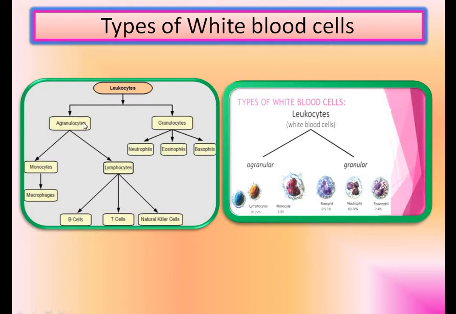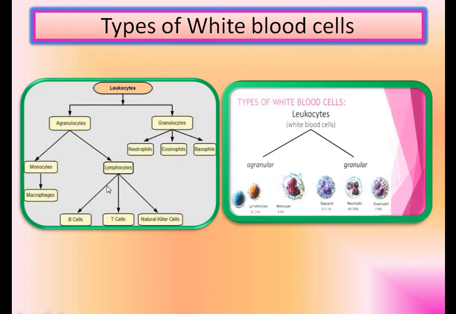Leukocytes are differentiated into two main types, granulocytes and agranulocytes. Granulocyte cells are again differentiated into neutrophils, eosinophils and basophils. Agranulocytes are differentiated into two types, monocytes and lymphocytes. Here monocytes are also called macrophages.